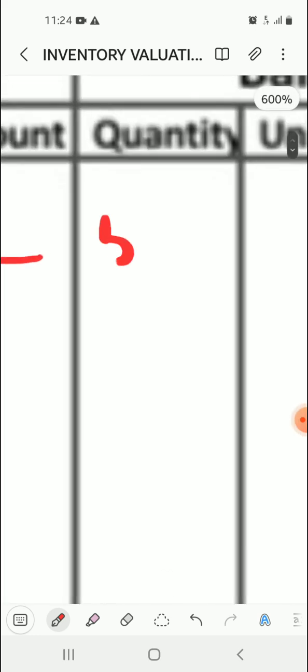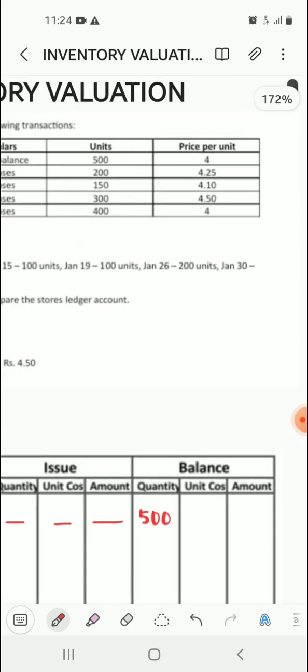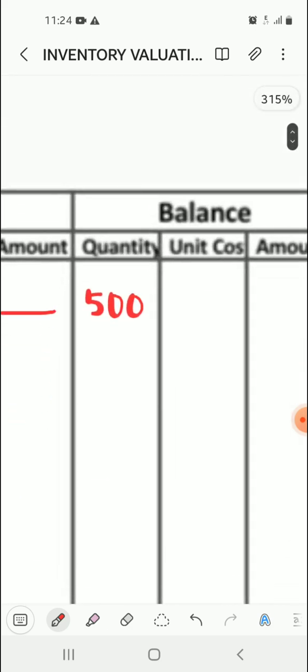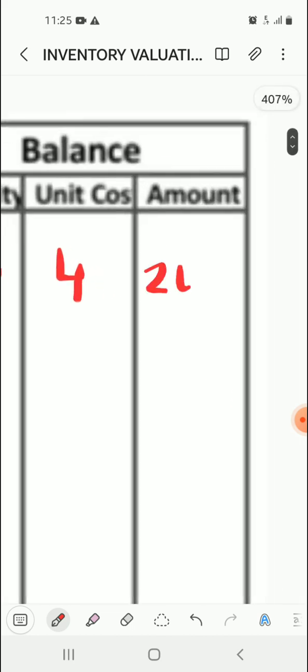Quantity is 500 and the unit cost being 4 rupees. 500 into 4 is going to be 2000. So we're going to write it over here.